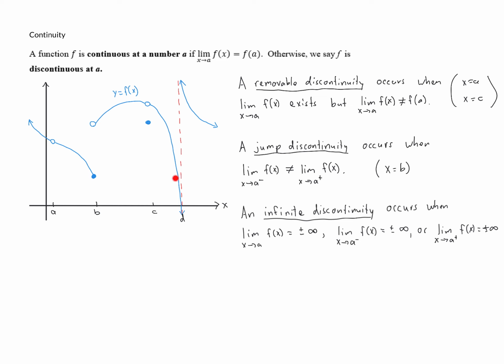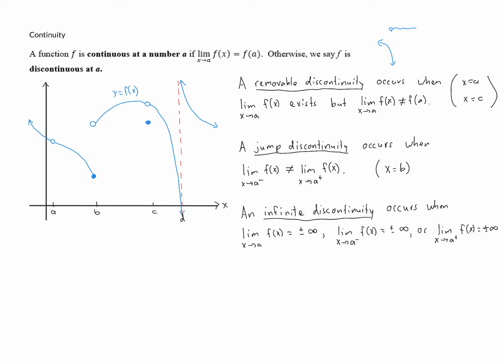Basically, we don't need for both sides to have limits of positive infinity or negative infinity, even if just one of them is asymptotic vertically, has a limit of positive infinity or negative infinity, that counts as an infinite discontinuity. Even if we had a situation, I'm going to just kind of draw this off to the side, where on one side we had a vertical asymptote, and then on the other side we didn't.